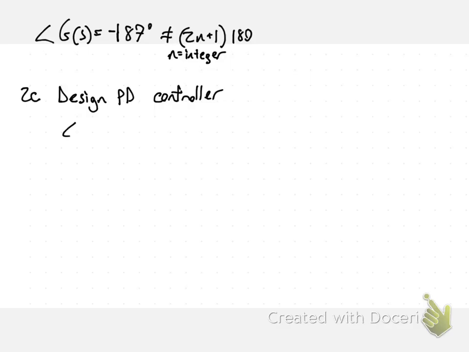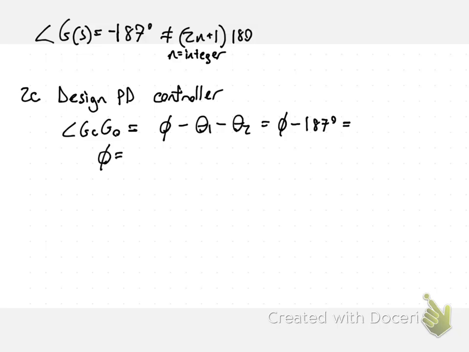And so what we would like is to have the angle of our controller combined with our open loop system be equal to some phi, which will be caused by adding a 0, minus θ1 minus θ2, which will be equal to phi minus 187 degrees. So that tells us that we would want phi to be equal to 7 degrees.